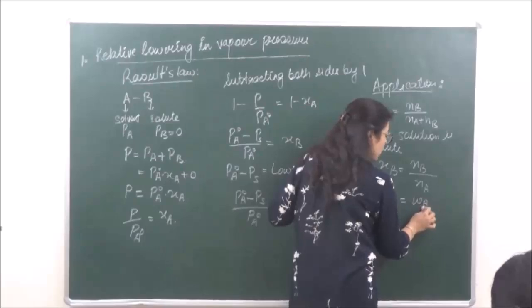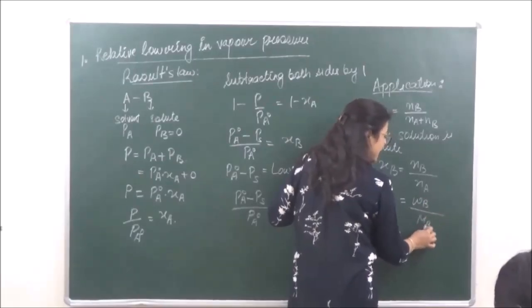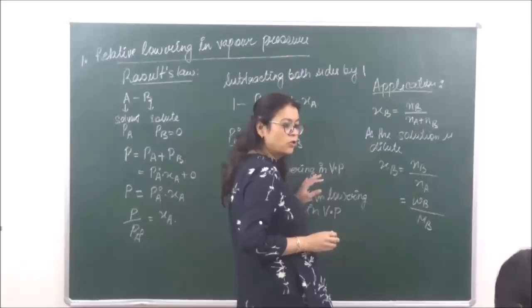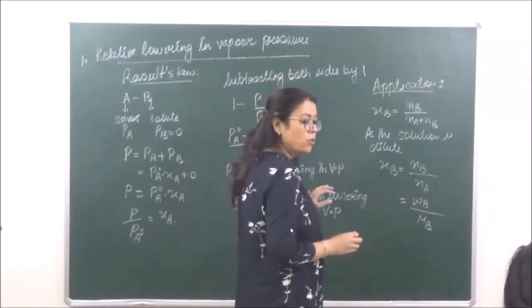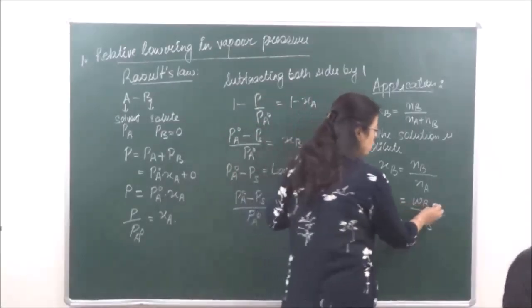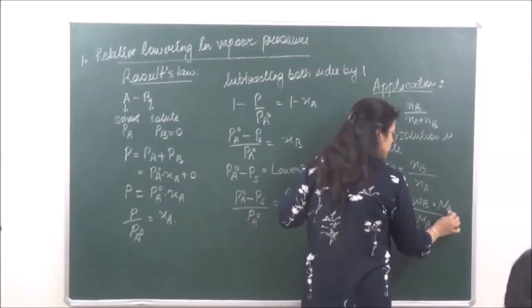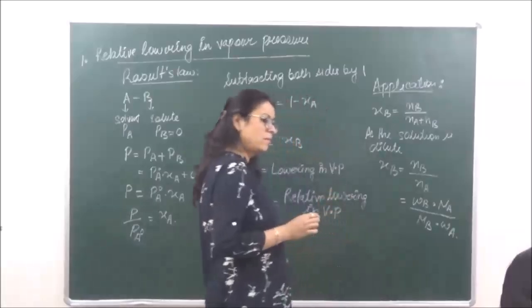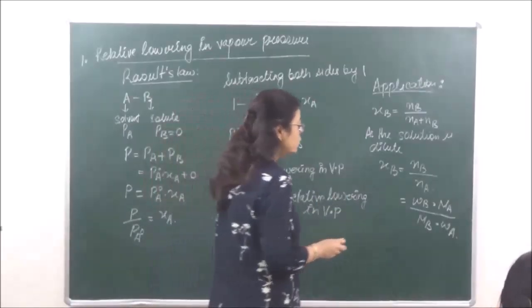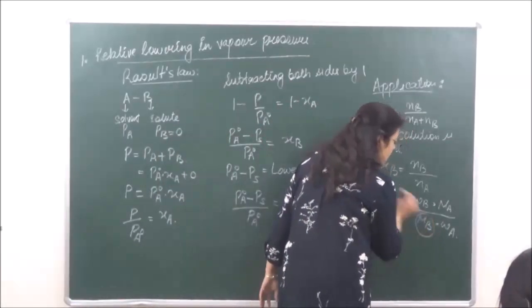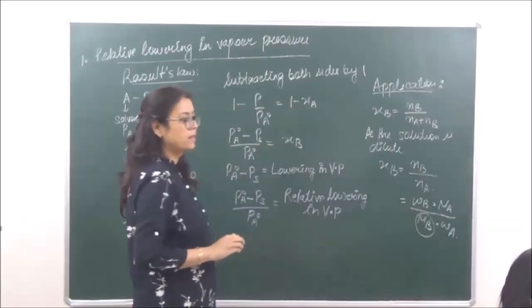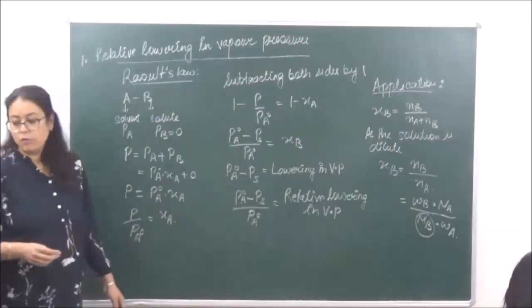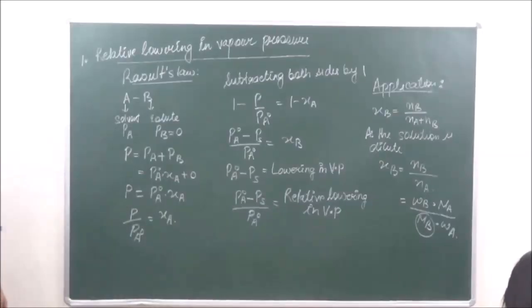NB is equal to WB upon MB. And NA is going to be equal to WA upon MA. So reciprocal, MA into WA. Okay, so over here we can calculate MB, the molar mass of the non-volatile solute.